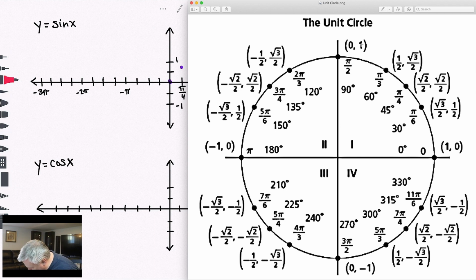And what I'm going to notice, the next one here is going to be coming back down, and then back down to 0. And then it's going to be negative. If we look over here, go to pi, and we go another same amount to 5 pi over 4, we're at negative root 2 over 2. So now it's gone down roughly there, this one down to negative 1, and so on.